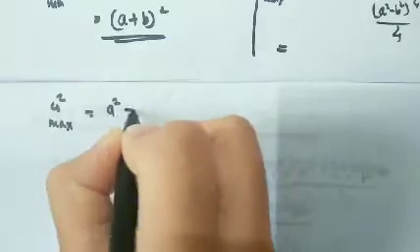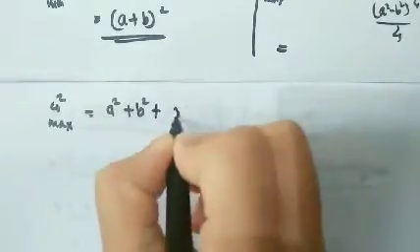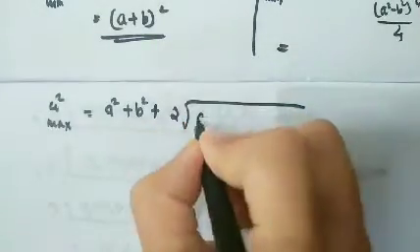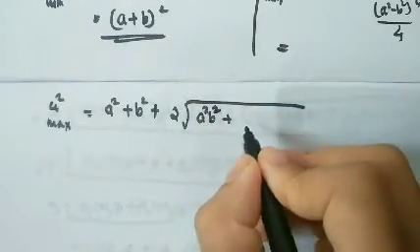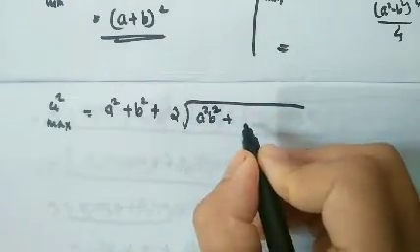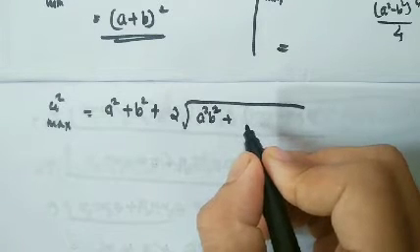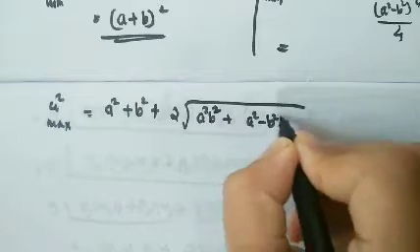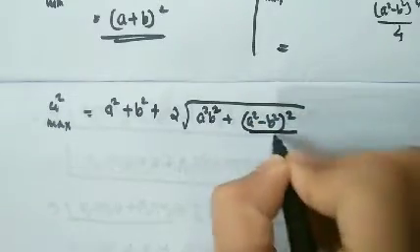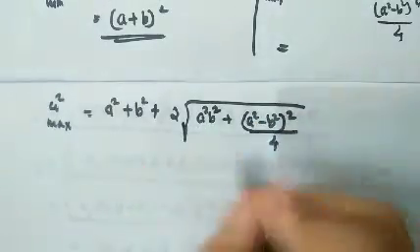So I will simplify u square max value, that is what? a square plus b square plus 2 root a square b square plus, these all are same, and I substitute maximum value of (a square minus b square) all square sine square 2 theta divided by 4. Its maximum value was (a square minus b square) all square divided by 4. Now I will simplify this.